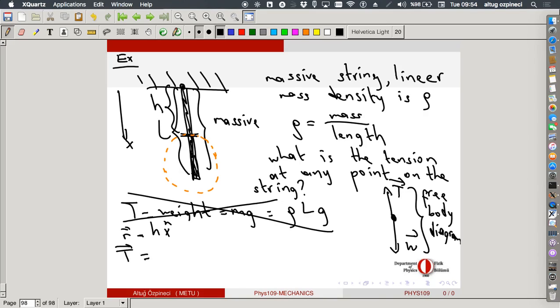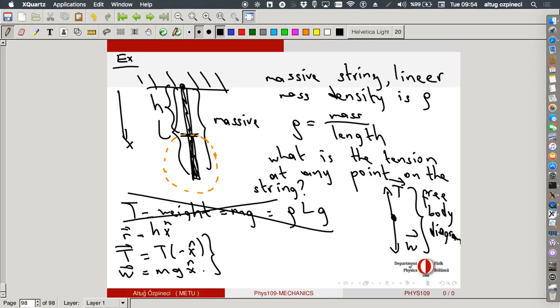Now, the tension force, how can we write it as a vector? It is T, pointing in the minus x-hat direction. The force due to the weight is m times g, in the x direction.